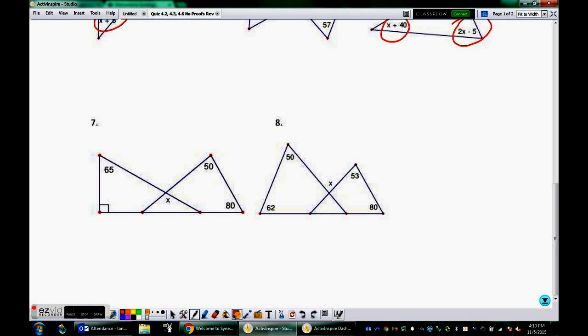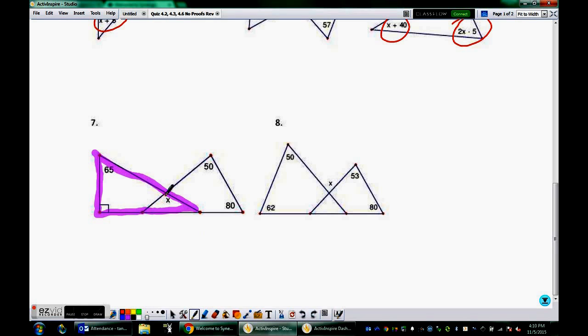So when I look at these, I've got two triangles here, and I'm going to highlight the first one we're going to be looking at. So I've got this first triangle in purple.